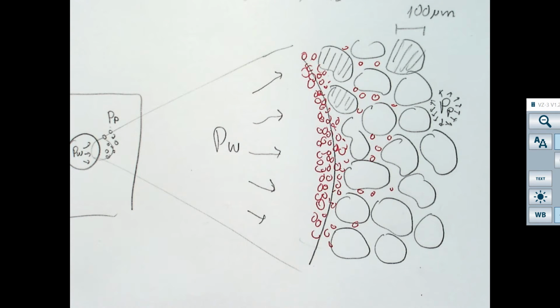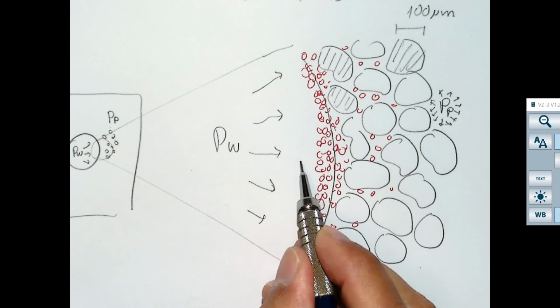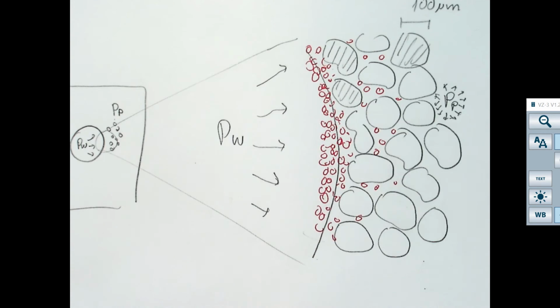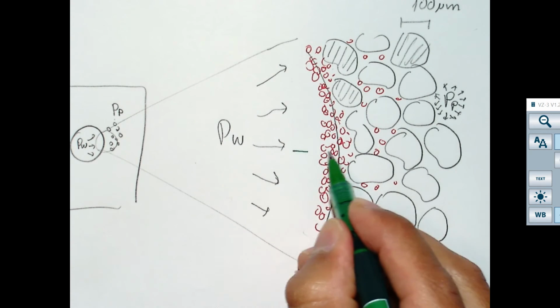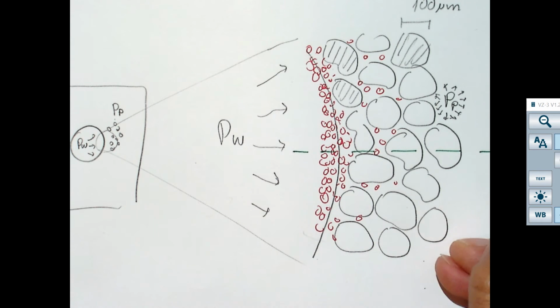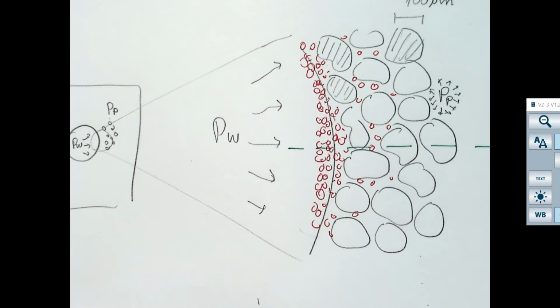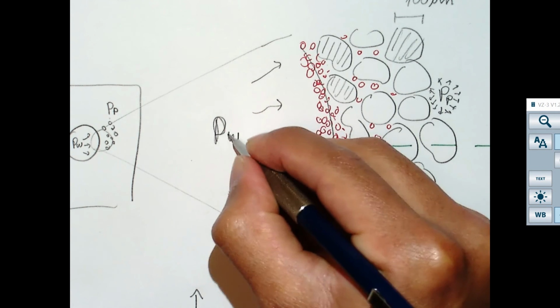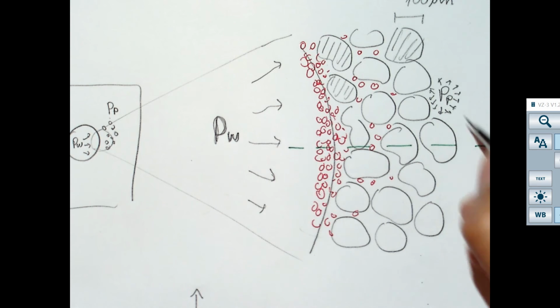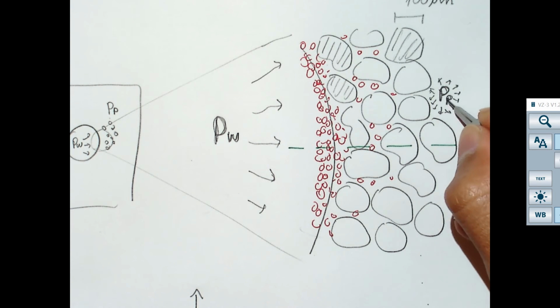Well, let's plot what would be the profile of pore pressure as you go from the wellbore to the rock. First of all, is your wellbore pressure going to be smaller or larger than your pore pressure?